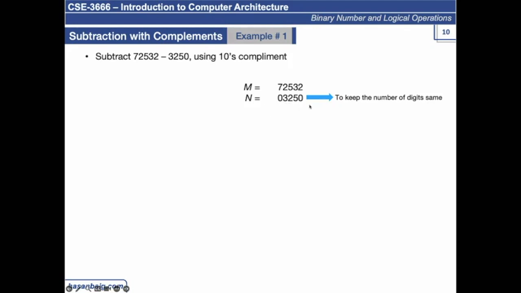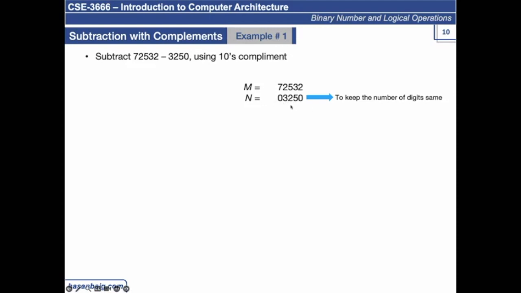What will be the 10's complement of this number? Again, leave the least significant zeros unchanged, the first non-zero digit should be subtracted from 10, and the remaining digits must be subtracted from 9. So what do we get? 0, 5, because the 5 has to be subtracted from 10, and the remaining three digits should be subtracted from 9.